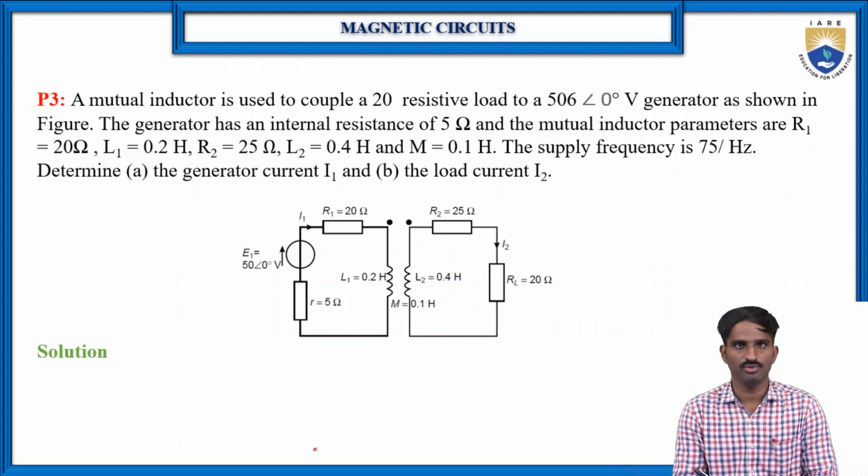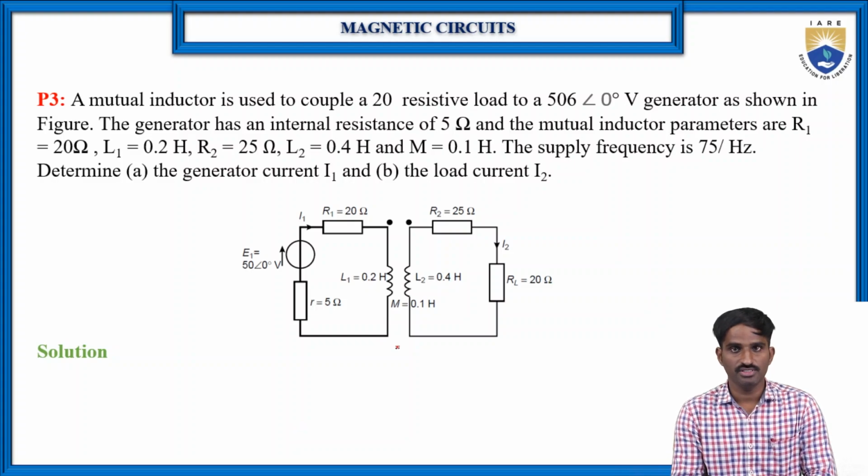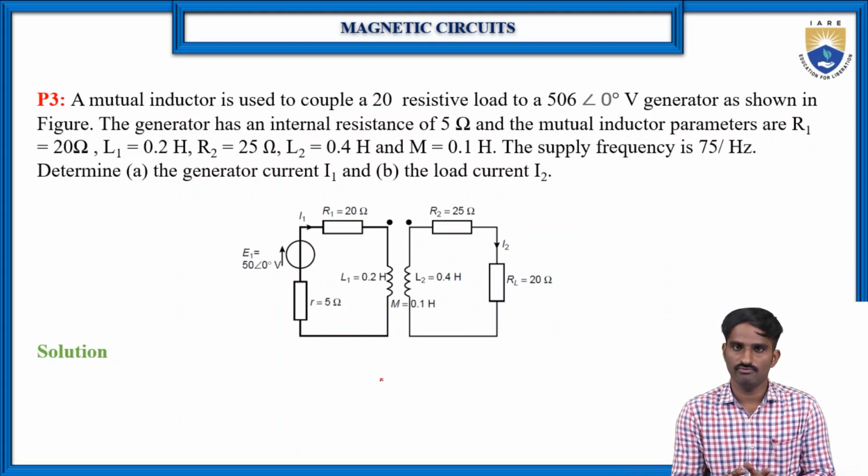Let me read the problem here. A mutual inductor is used to couple a 20 ohm resistive load to a 50 at an angle of 0 degrees voltage generator, as shown in the figure. One more point before going into the problem in detail: when discussing the mutual induction principle, we didn't cover its practical applications.